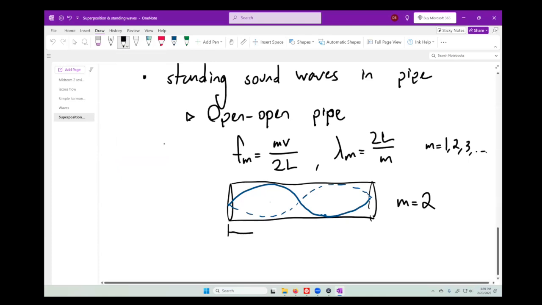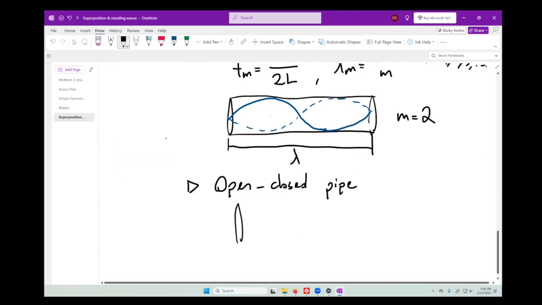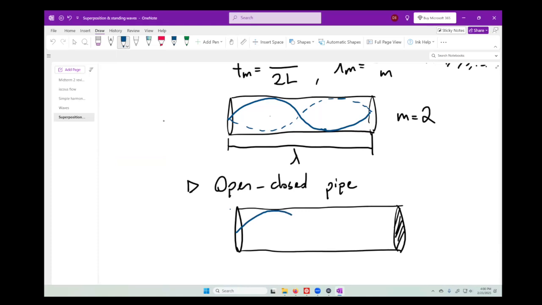One full wavelength fits within the pipe. The other case would be an open-closed pipe. That would be like this situation, where we have a node at this end and then we have an antinode at the other end. Something like this.